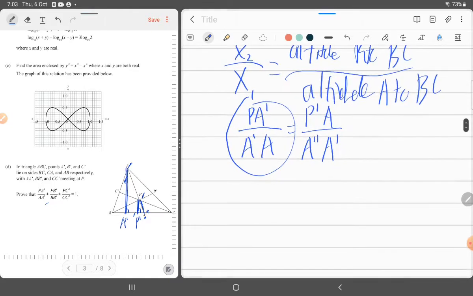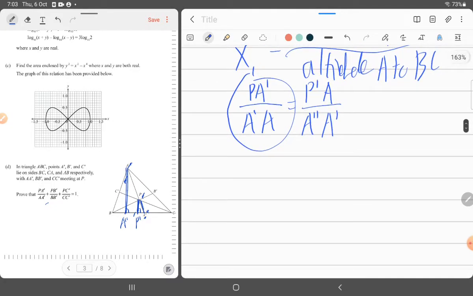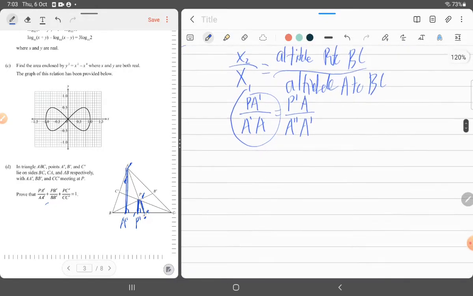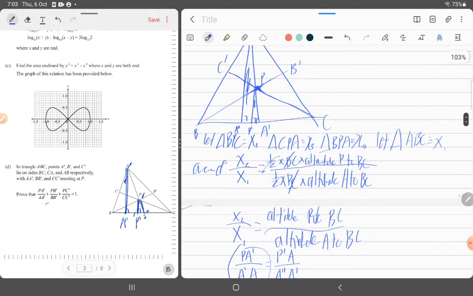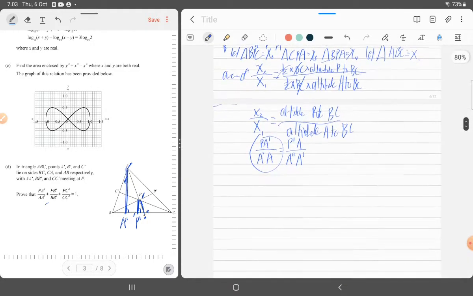Okay, so then we just do this with the other three. So x3 over x1 is equal to half.